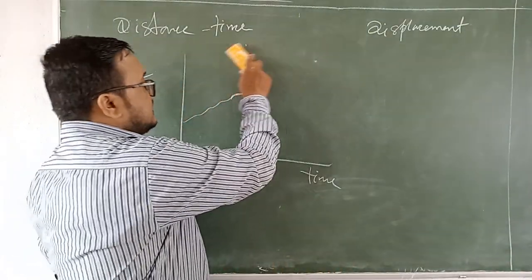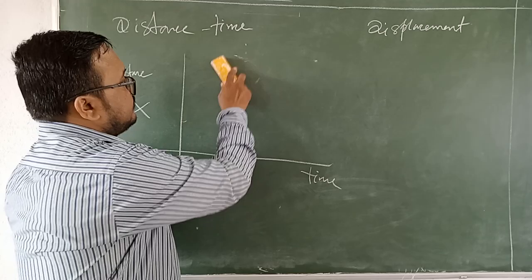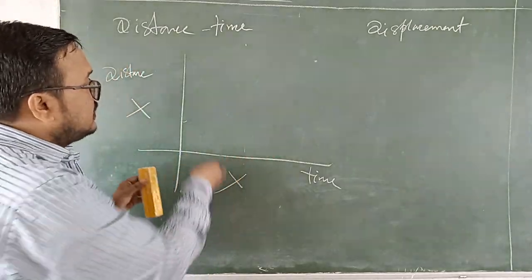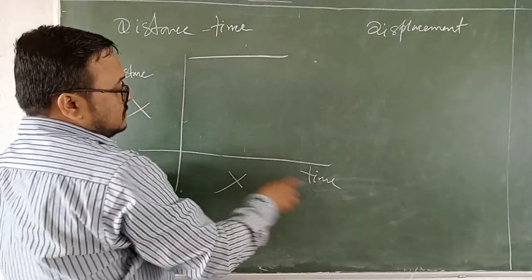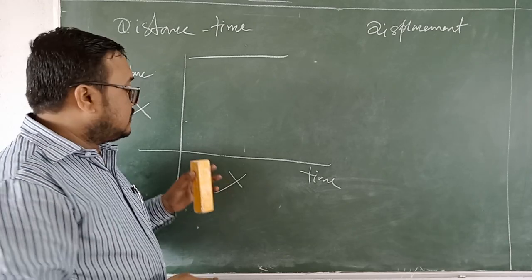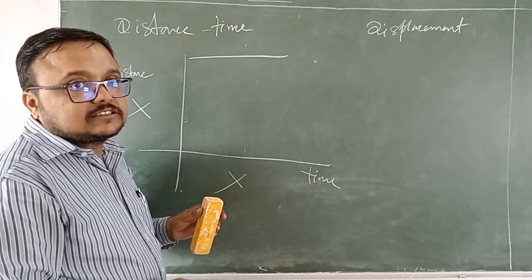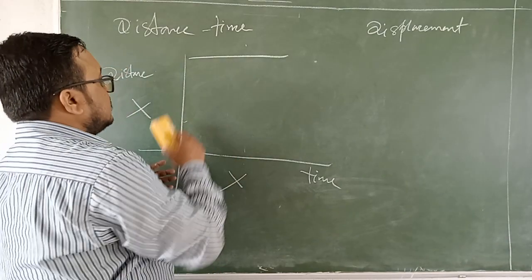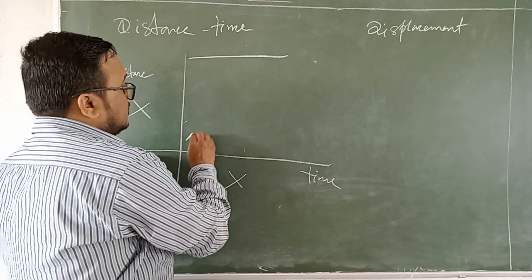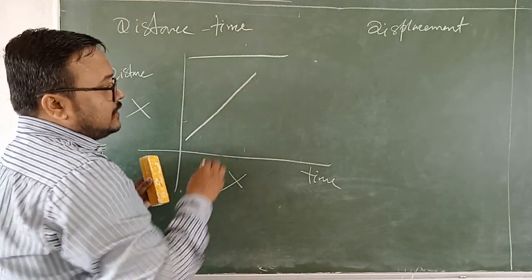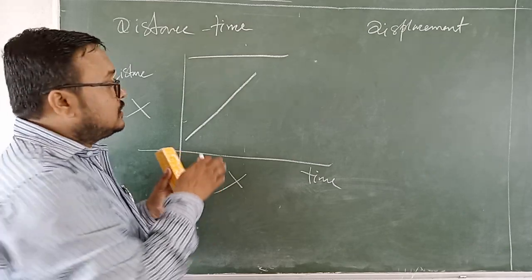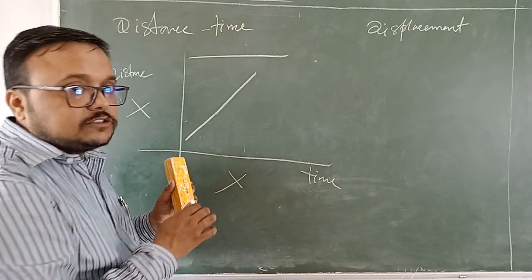So this is distance time graph, in which if the graph is a straight line parallel to time axis, then it is at rest. If it is making a slope, then it is constant speed.